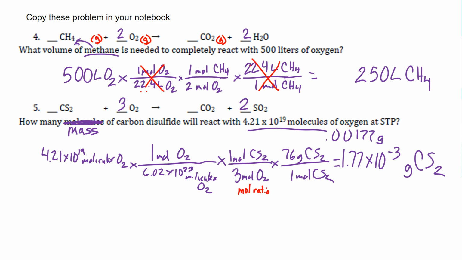All right. Now, the question that y'all had, so you would have gotten a slightly different answer because your question asked you to go to molecules, right? All right, so let's look.